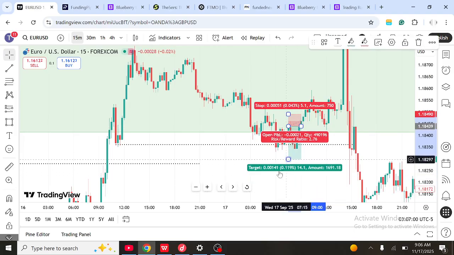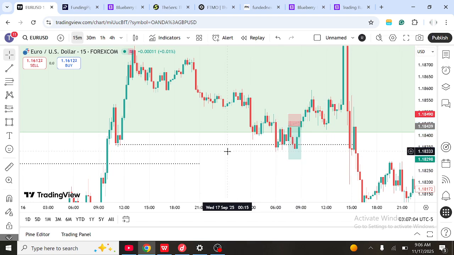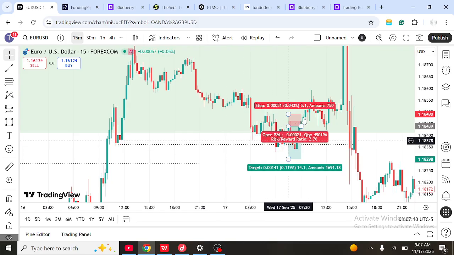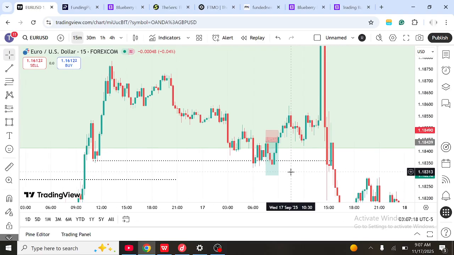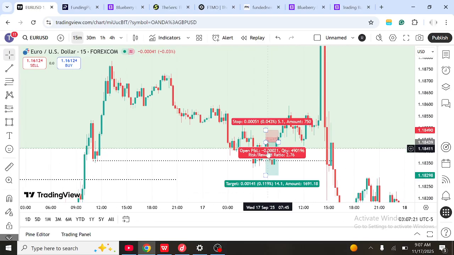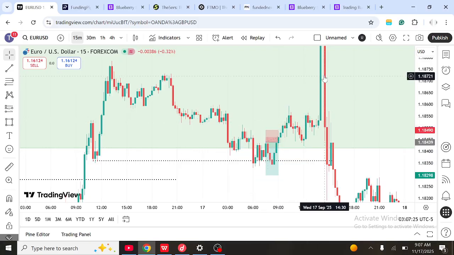But when I have a losing trade, I don't leave the market. I look for the next opportunity, because the next opportunity always makes me recover the loss. So I just lost 1%. So I will now look for another entry to the downside. What I will do is wait for another movement of the market to form higher highs and higher lows, then a change of character to happen, then I go in for a sell again.